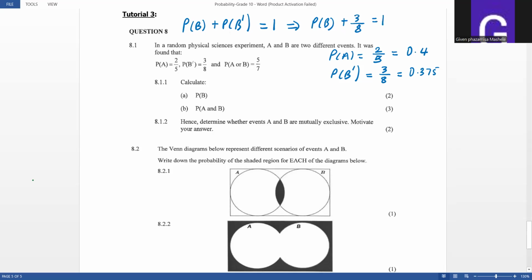So if we move 3 over 8 to the right-hand side, what will be the probability of B? The probability of B will be 1 minus 3 over 8, which is 5 over 8. It's the complement, because we are given not. So the probability of B plus the probability of not B is 1.